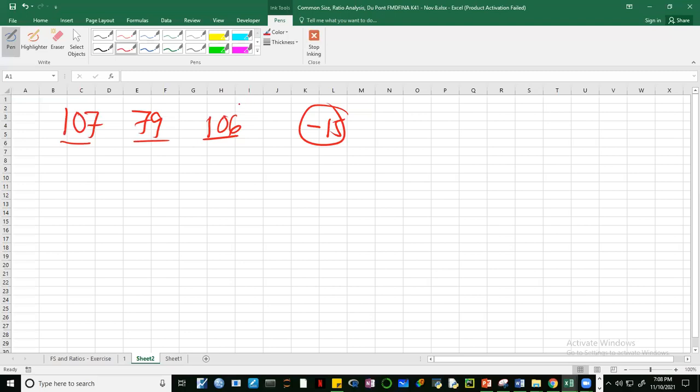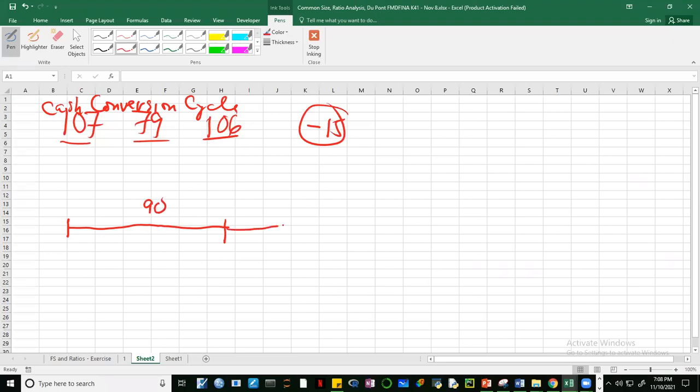Ano kaya yung cash conversion cycle na yan? So this is your cash conversion cycle. This is different from your operating cycle. Okay, let's understand what this means. So how many days does it take our company to buy raw materials, convert to finished goods, and then sell? Ilang days to? 95, sorry.